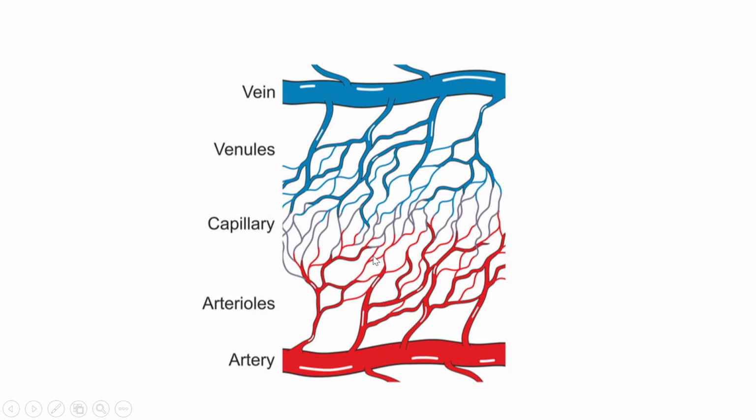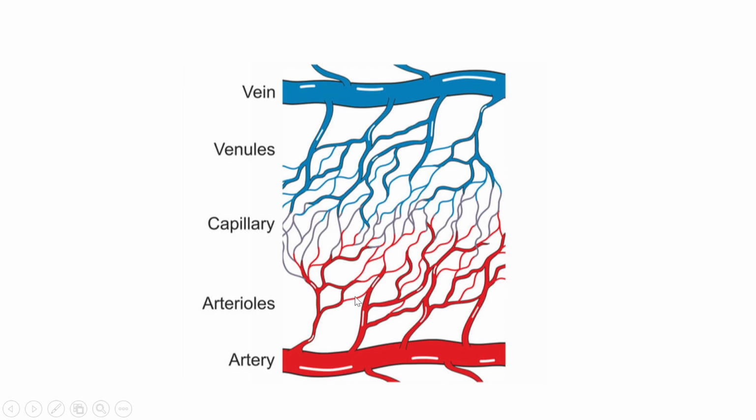Once the blood loses its oxygen and nutrients, it is taken back by the venules or the venous system. So here again you have the venules, then the medium-sized veins, and then the large veins. So this is the basic system of blood exchange or tissue exchange in the body.